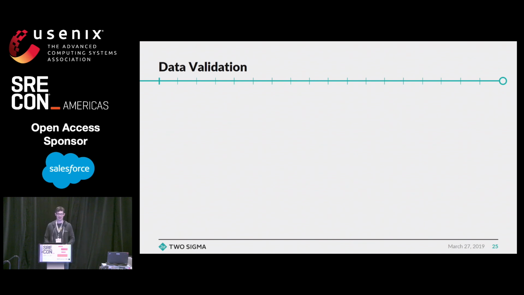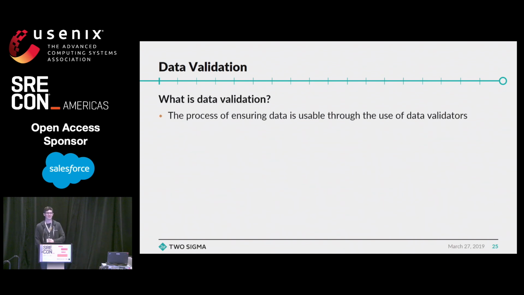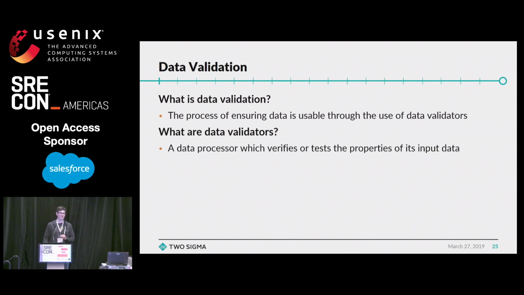That's where data validation comes into play. What is data validation? This is the process by which we ensure our data is usable through the use of data validators. Data validators are special data processors which validate, verify, and test their input data.